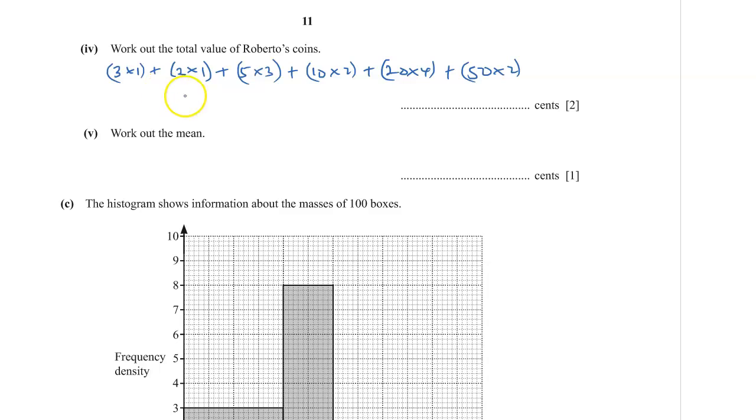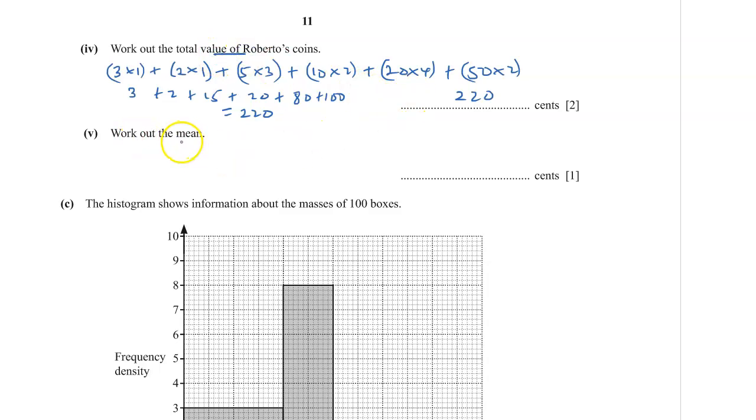So when you add this up, it's going to be 3 plus 2 plus 15 plus 20 plus 80 plus 100. Evaluate using your calculator. You get a value of 220. So 220, the value of Roberto's coins.